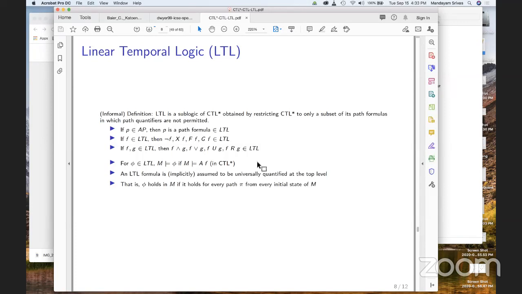But when we do LTL model checking, we ignore this A and assume that it is implicitly there. The implicit meaning, when we say phi holds for M, is that it holds for every path originating from every initial state of M.